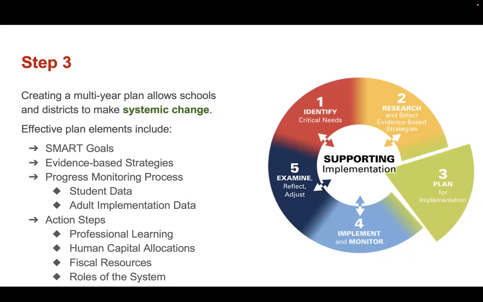Once you do that, you're going to create action steps within the One Plan. And those action steps are going to be matched up with specific strategies that align with your goals.